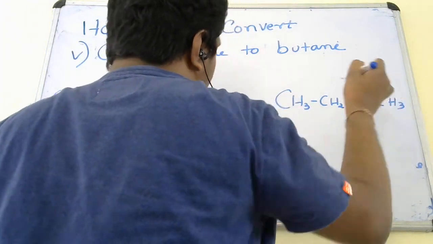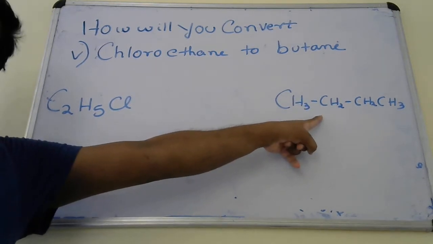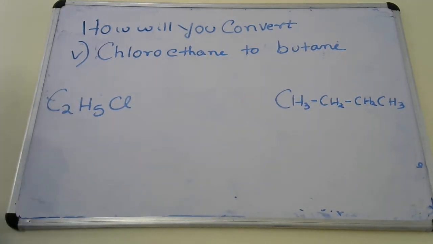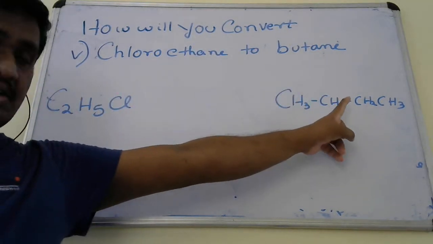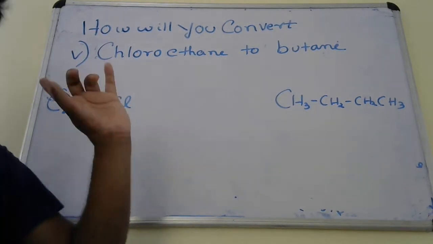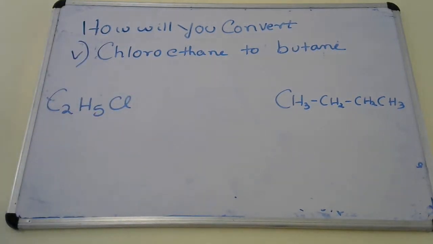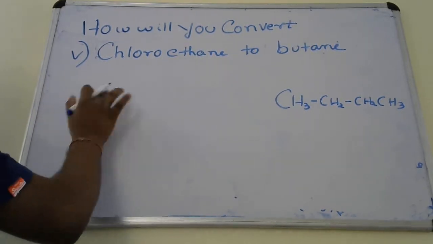Now if you observe, the number of carbons in the product is double the number of carbons in the reactant. So which reaction can give you this? Yes, you guessed it absolutely right.